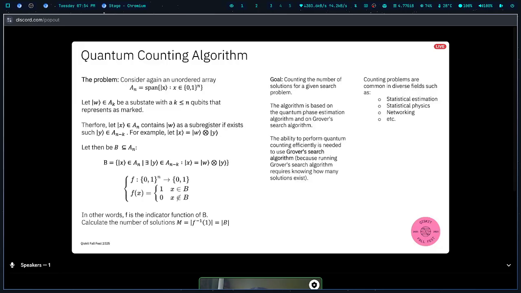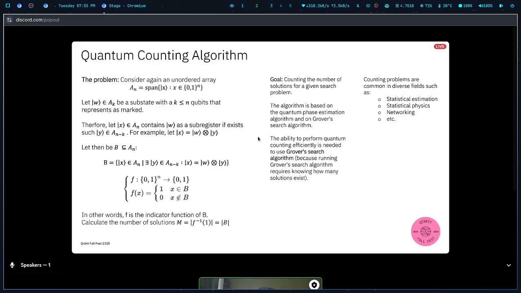But again, it wouldn't be 100% on one state. Sorry, it wouldn't be 100% of all the states that we're trying to find here in B, because that's not possible: from the theoretical point of view, the sum of all the probabilities, which are the absolute value squared of the amplitudes, will be equal to 1.